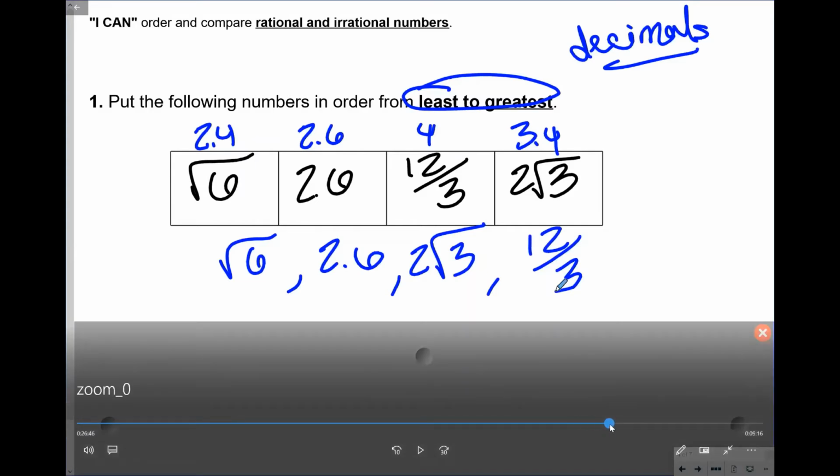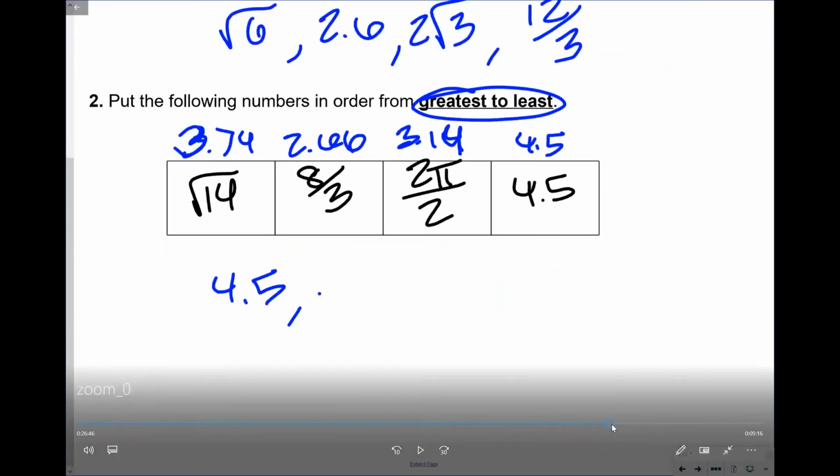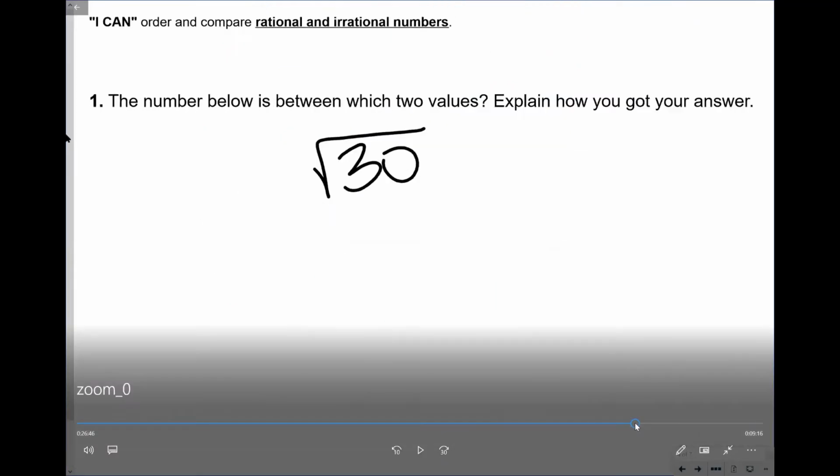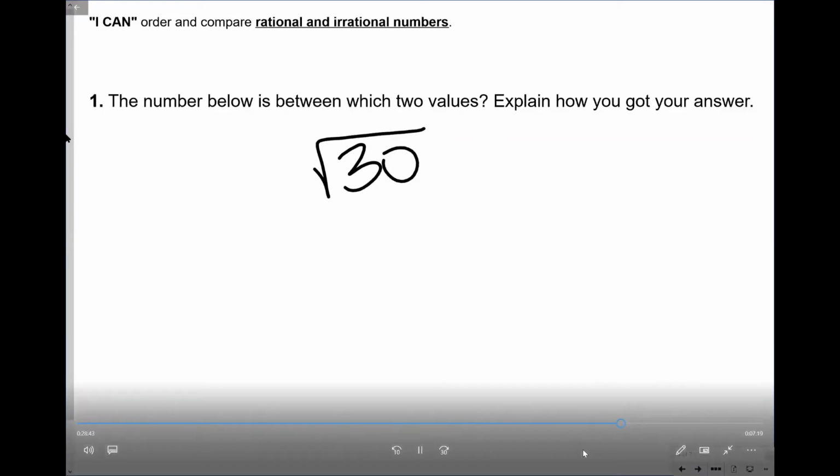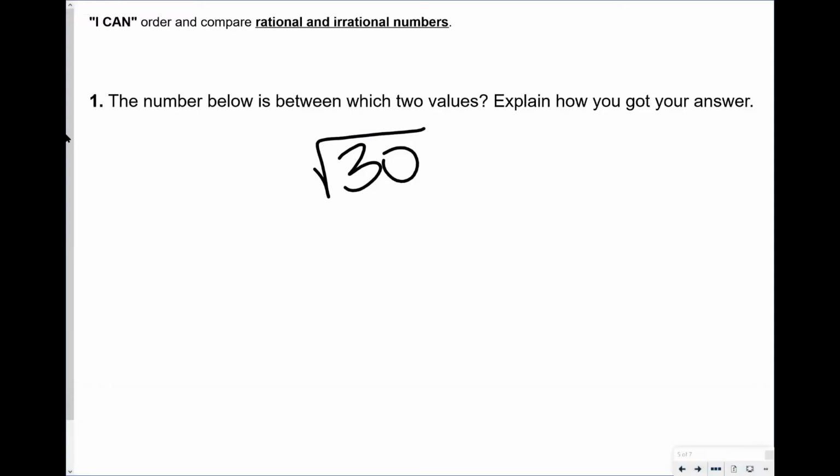All right, let's go on to my last set of examples here. There are 3 problems of this type. We still get the same I can statement, but it tells us the number below is between which two values.